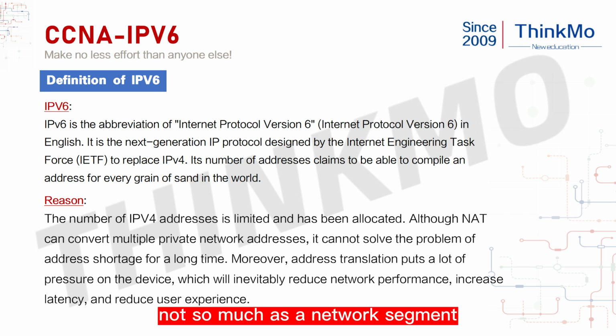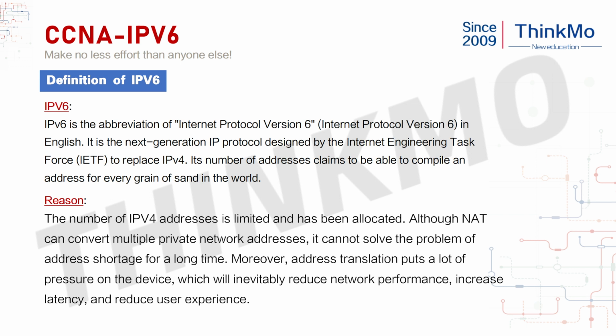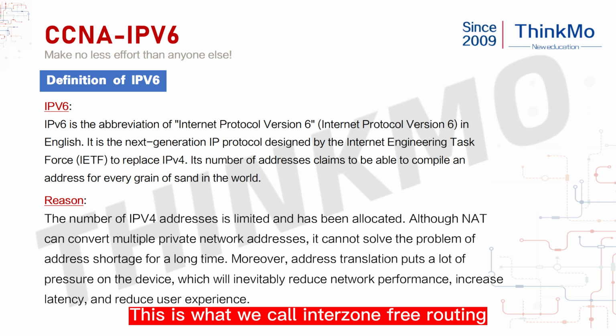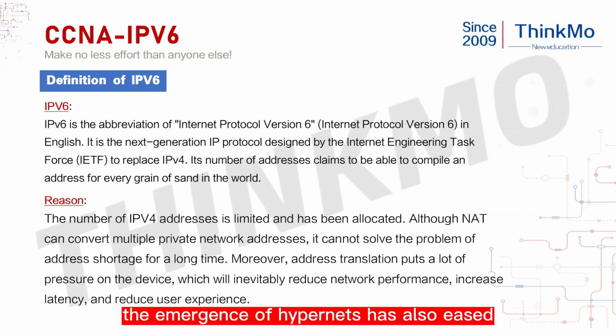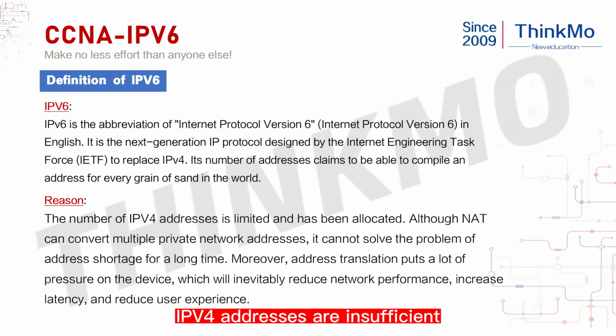Not so much as a whole network segment is assigned to some host for use. This is what we call classless interdomain routing, that's CIDR. We also call it a supernet. The emergence of supernets has also eased the IPv4 address shortage.